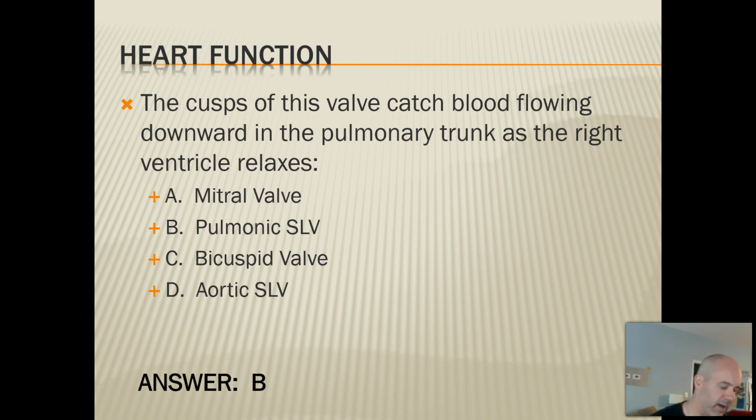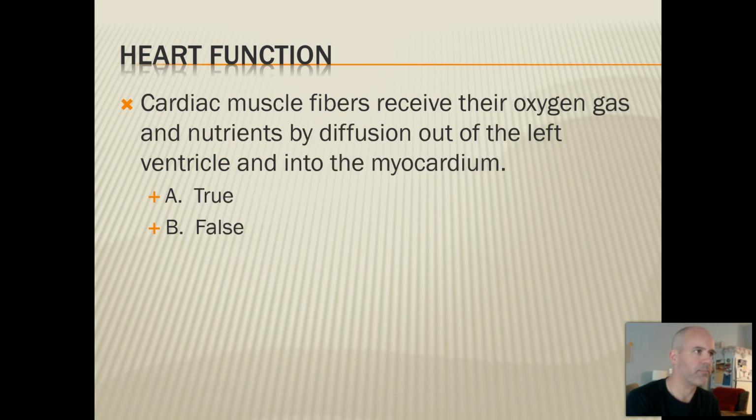Remember, your semilunar valves are shaped like little cups, and the cusps of the valve help catch blood that, just by gravity, is trying to backflow toward the right ventricle or the left ventricle over on the aorta side of things. And so they're shaped like that to help prevent the backflow of the blood.